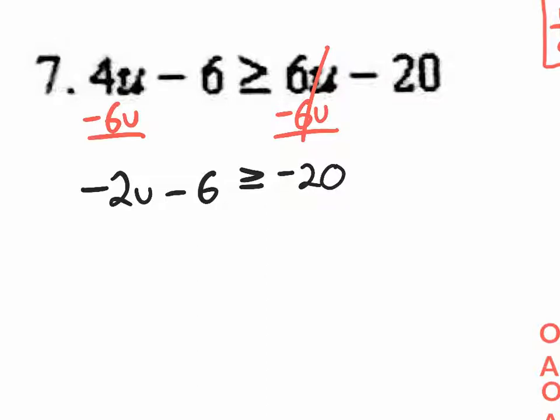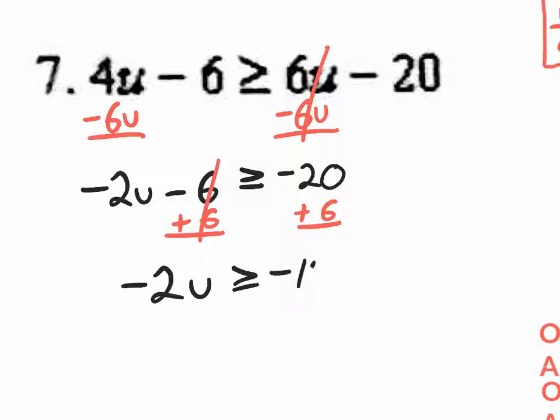Okay, so we need to get U by itself on the left side now. So what would I do? Add 6. Add 6. My new inequality will be negative 2U is greater than or equal to negative 14. So for my final step, what am I doing?